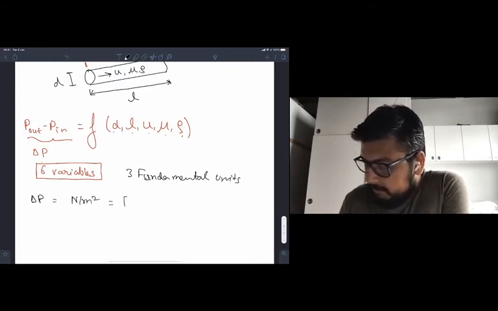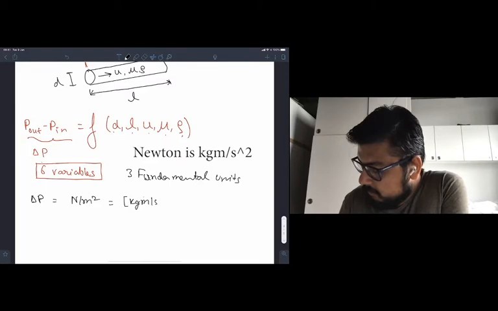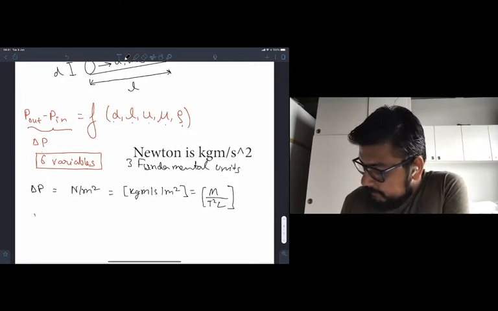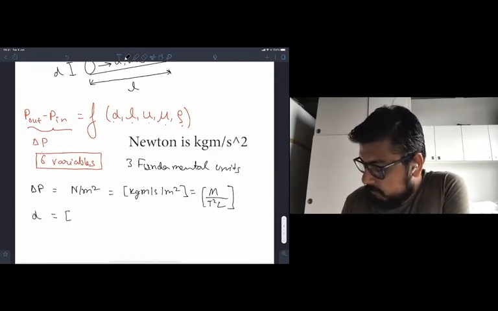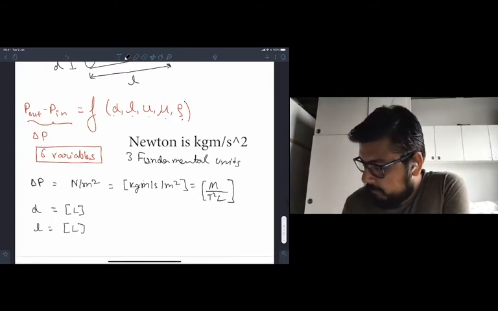Newton is kg meter per second squared, per meter square, which is nothing but mass divided by t square length. The diameter, of course, only has a unit of length in it. Length as well only has a unit of length in it.